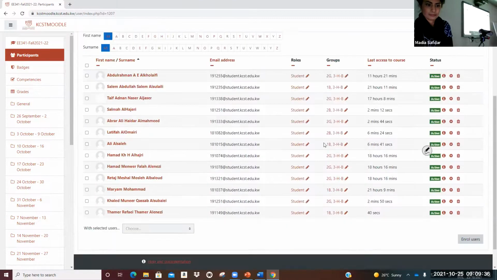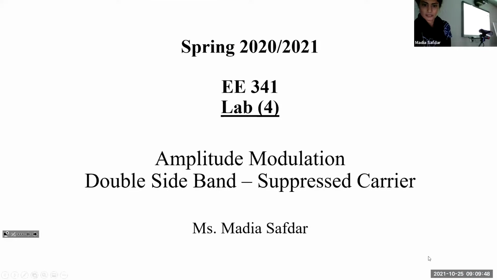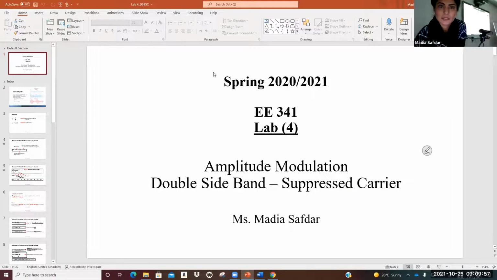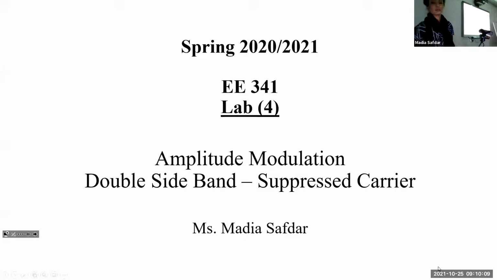So I just have 6, 7, 8, 9. 3, 4 students are absent today. Miss, I have an online exam immediately after this class, so that's why I couldn't come to the campus. What's your name? Ali. When do you have the exam? Me too, immediately after this class, at 11. Today we don't have so much to study because it's only one topic, so it's fine. I will try to finish the class early today.